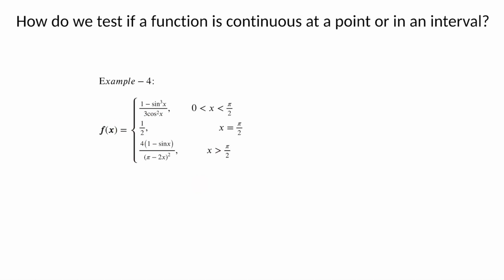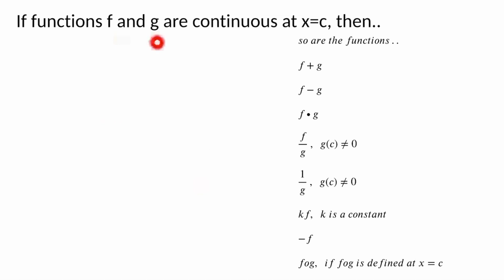And finally, to wrap up this topic on continuity, let us revise once again that if two functions f and g are continuous at a particular point c in their domain, then so would be the function f plus g, f minus g, f multiplied by g, f divided by g, provided the value of g at c is not 0, 1 divided by g, provided again that the denominator is not 0 at x equal to c, and a constant k multiplied by the function f or the function g would be continuous at x equal to c.